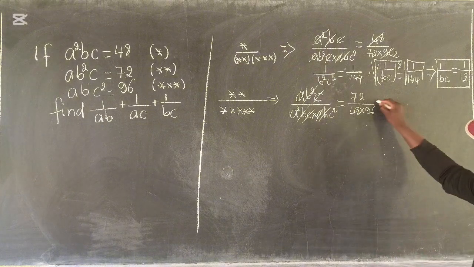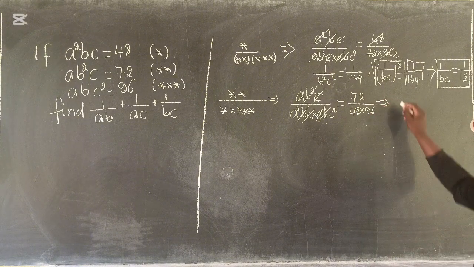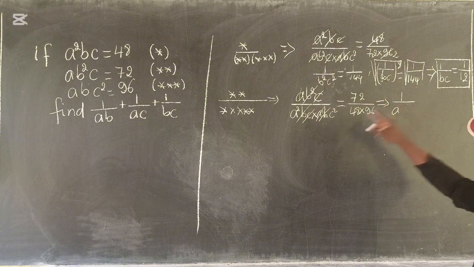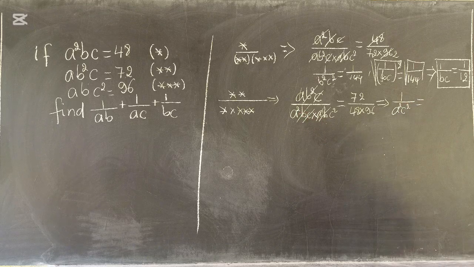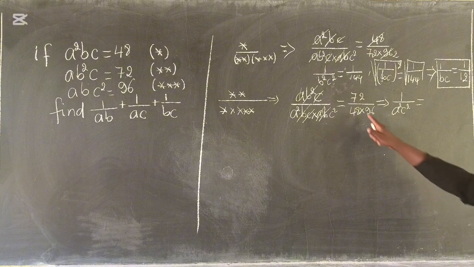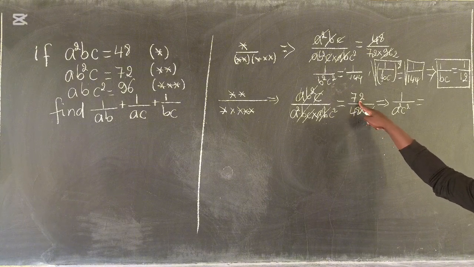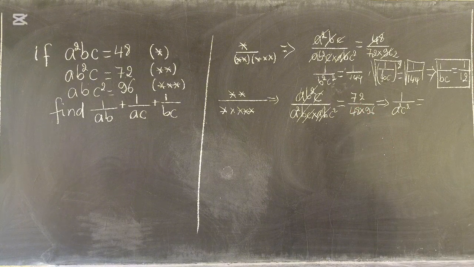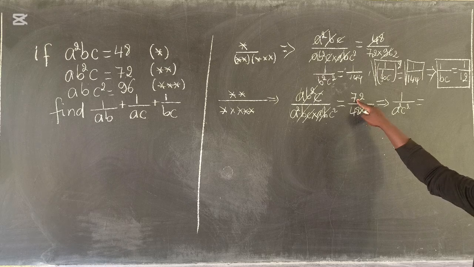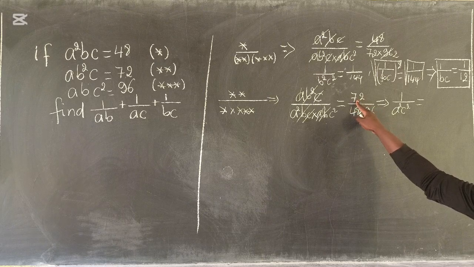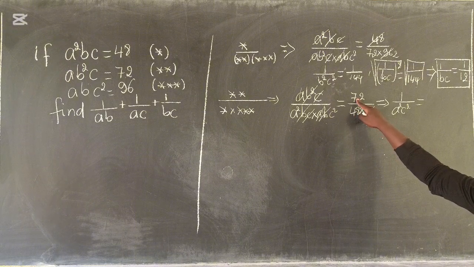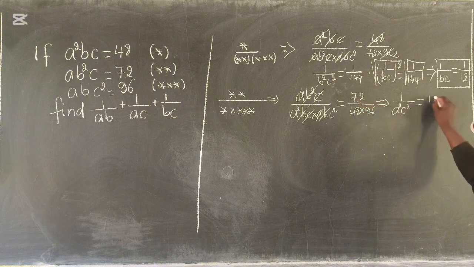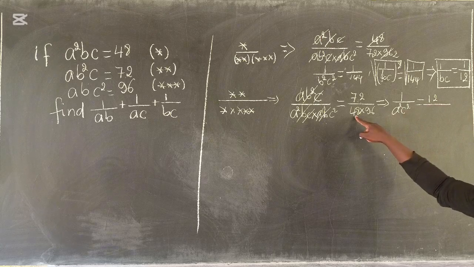So what I have is 1 over a squared times c squared, and here I can simplify or divide by 6. This by 6, this by 6. This by 6 is 12, over this by 6 is 8 times 96.